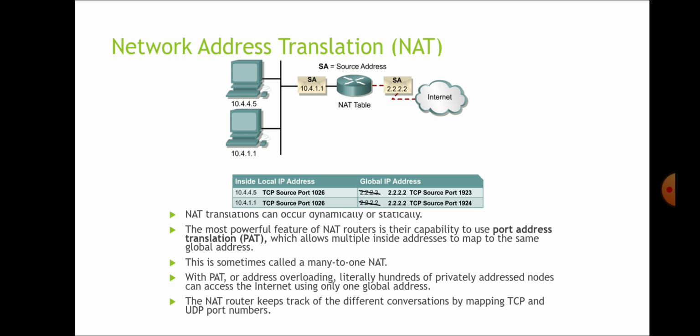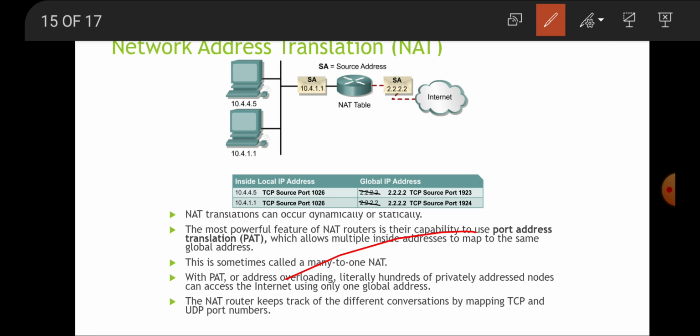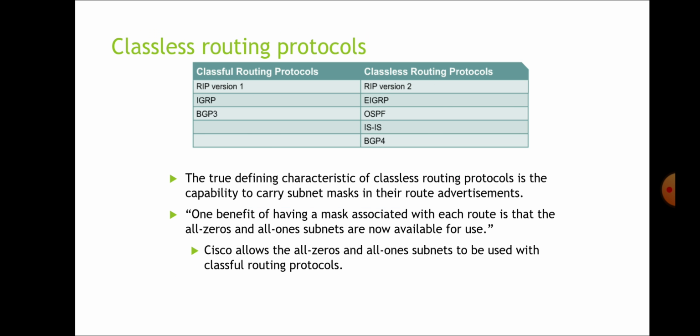This is sometimes called many-to-one NAT. With PAT, or address overloading, literally hundreds of private address nodes can access the internet using only one global address, and the NAT router keeps track of the different conversations by mapping TCP and UDP port numbers.